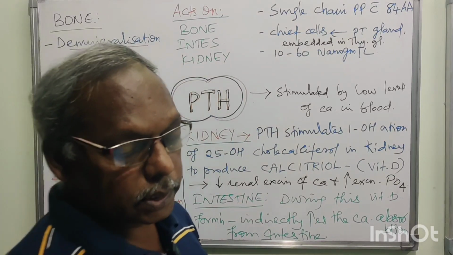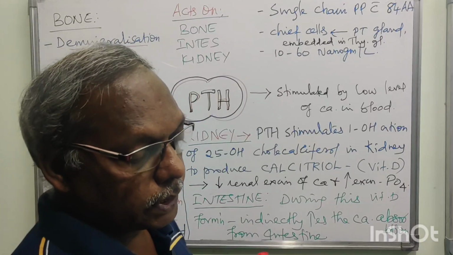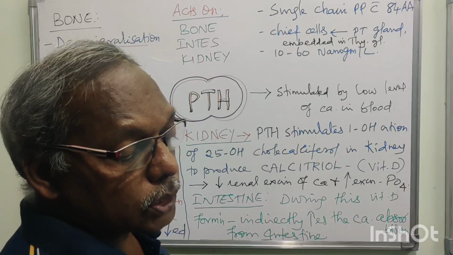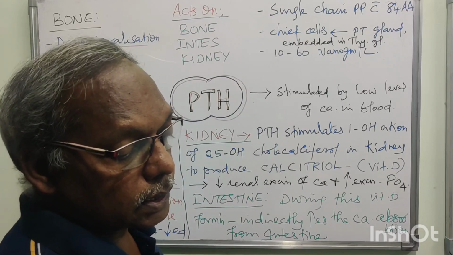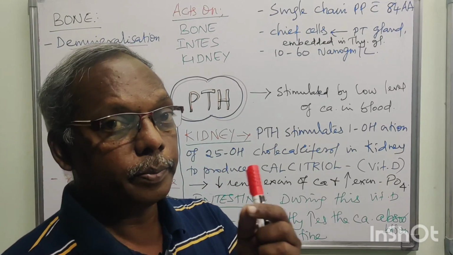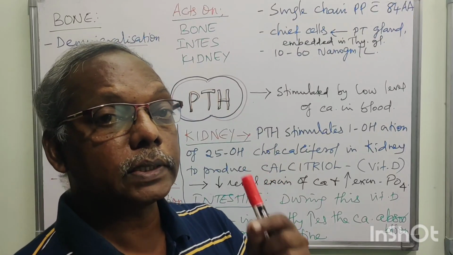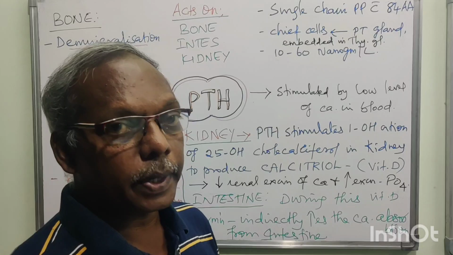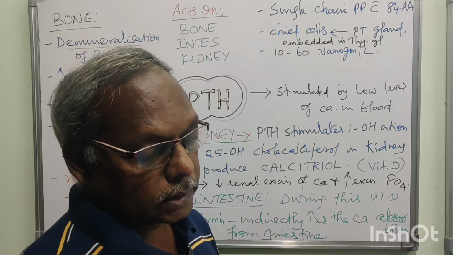So the demineralization of bone, which stimulates the osteoclastic production. This osteoclastic activity increases the synthesis of pyrophosphatase in osteoid cells. Very important MCQ: increased synthesis of pyrophosphatase by osteoclasts.